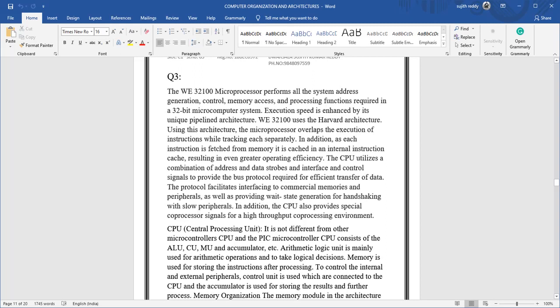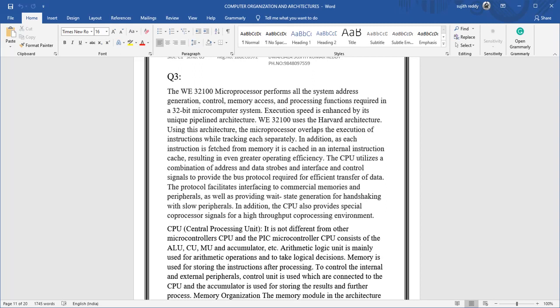Using this architecture, the microprocessor overlaps the execution of instructions while tracking each separately. In addition, as each instruction is fetched from memory, it is cached in an internal instruction cache, resulting in even greater operation efficiency. The CPU utilizes a combination of address, data, and status interface control signals to provide the bus protocol required for effective transfer of data.